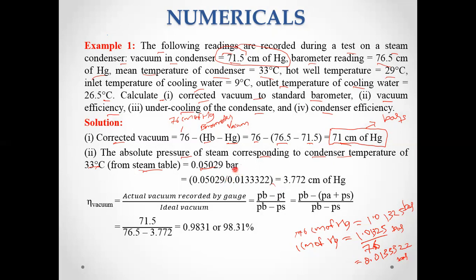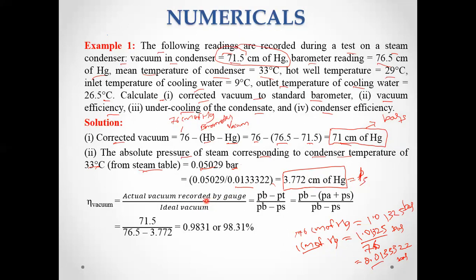So if you want to convert from bar to centimeter of Hg, 1 centimeter of Hg is equal to 0.0133322 bar, so 1 bar will be equal to 1 divided by 0.0133322. So what I will get is 3.772 centimeter of Hg. This is the saturation pressure of steam, Ps.